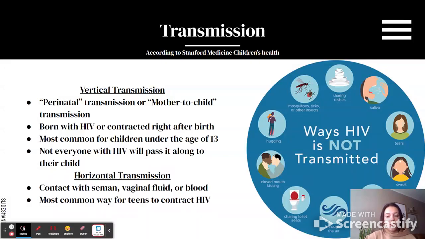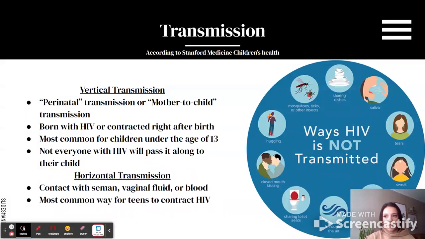This type of transmission is also most common for children under the age of 13, and it is important to note that not everyone who is pregnant with HIV will pass it along to their child. So that's really good news. Usually if the mother is on some sort of treatment that we'll talk about later, they do not have a high chance of passing that on to their child.